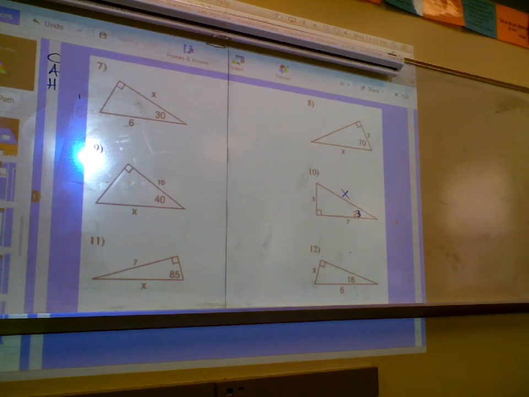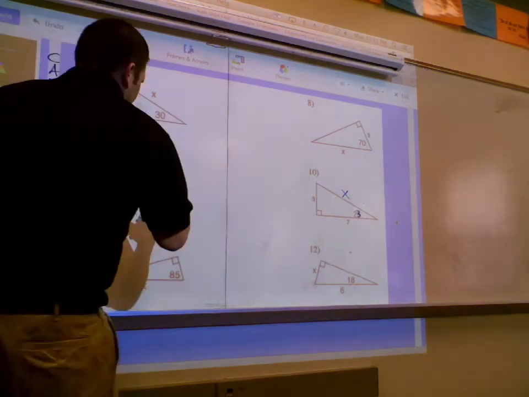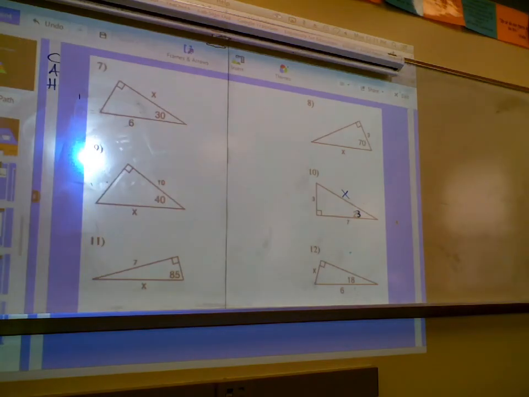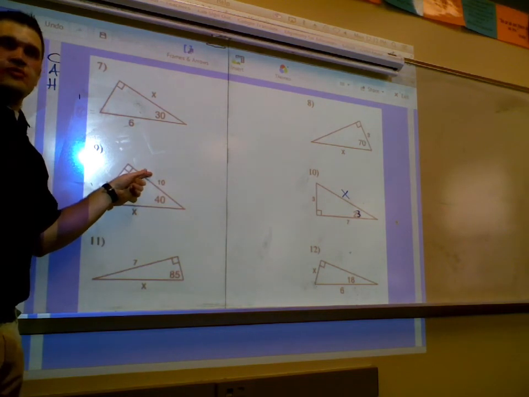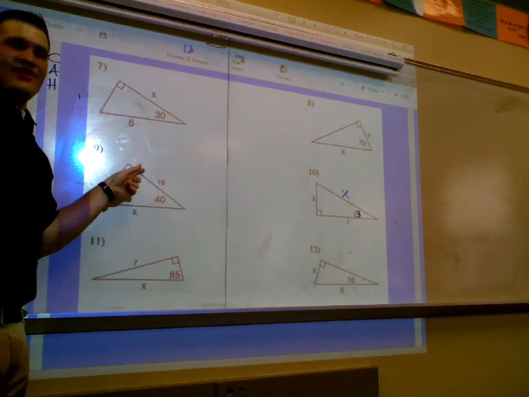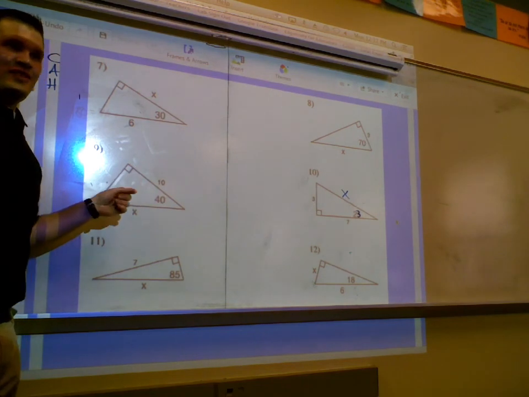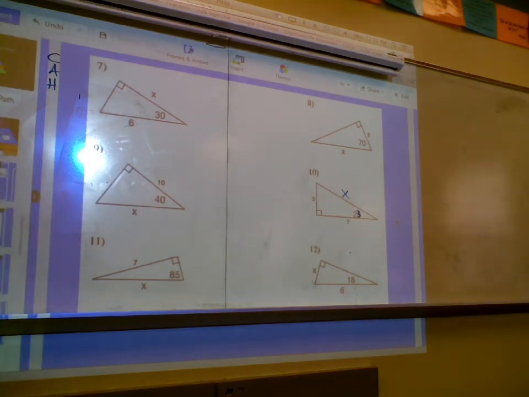Alright guys, number 9, what's my theta? Justin, pick your eyes up. What's my theta? 40. Right? So what's 10 to 40? Is it opposite, adjacent, or hypotenuse?